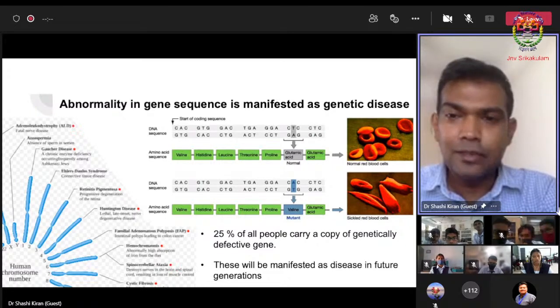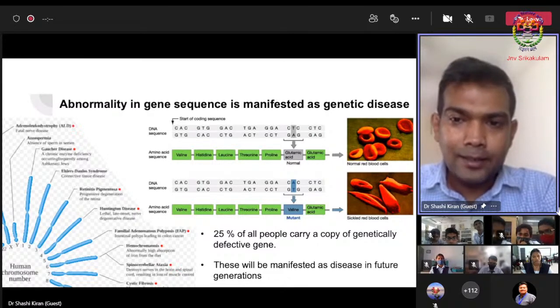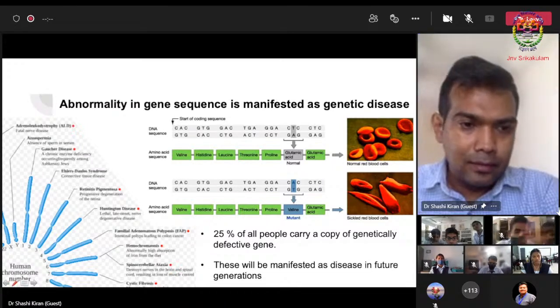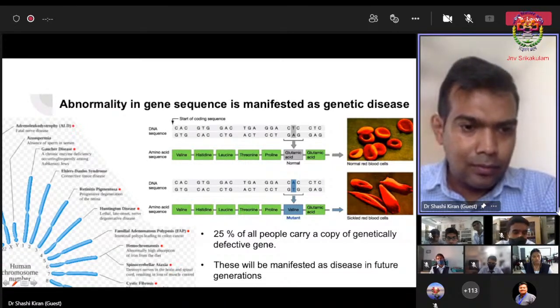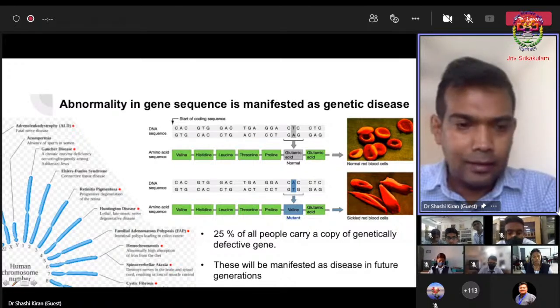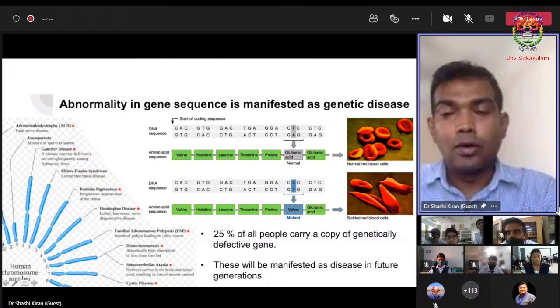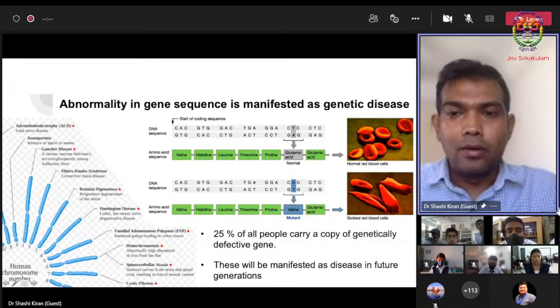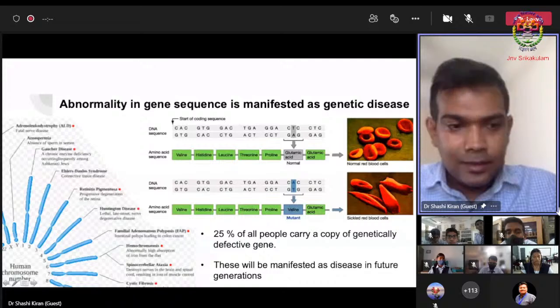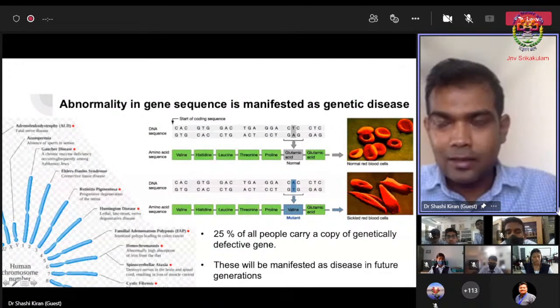So this change of one letter makes a person diseased. This is something which we want to correct. If this change is reversed, the person can be all right.